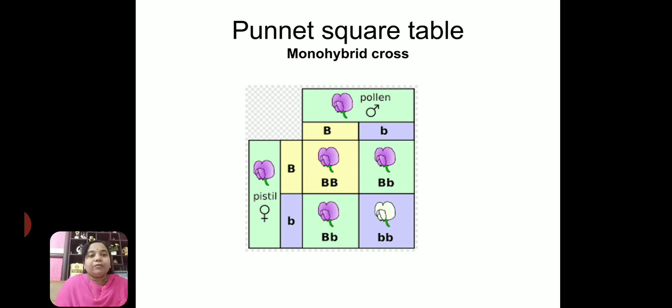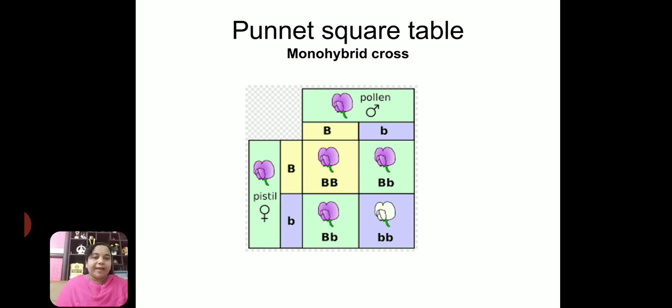If there are two pairs of alleles, we can extend this table. In a monohybrid, a maximum of four different individuals will be formed, and in a dihybrid cross a maximum of 16 individuals.